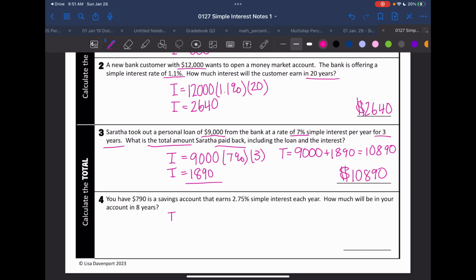So to find my interest, I have to take my principal, which is my original amount that I'm starting with, which is $790, multiply that by 2.75%, and I'm looking for 8 years of that.